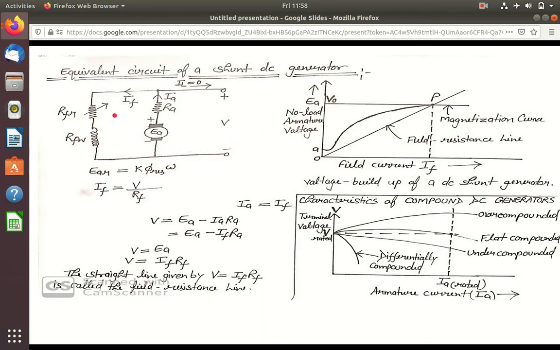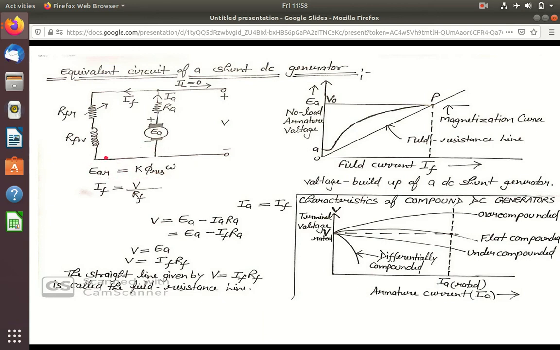We have discussed all notations in the previous slide: IF is your field current, RA is your armature resistance, IA is your armature current, IL is the load current, EA is the generated internal voltage, RFW is the field winding resistance, RFR is the resistance of the rheostat controlling this field current, and here EAR is equal to K phi RES omega, where phi RES means residual flux.